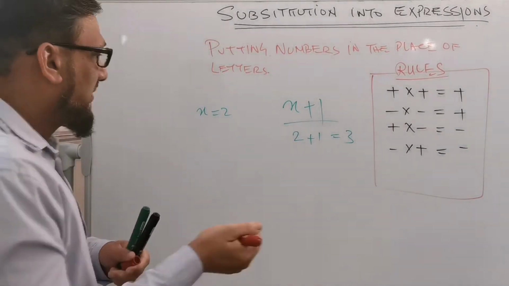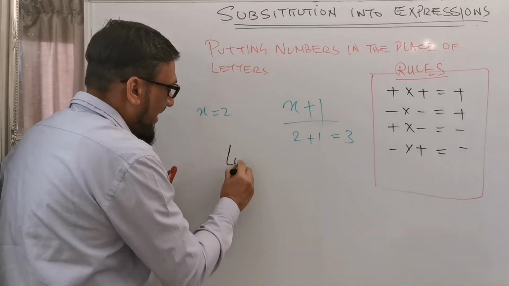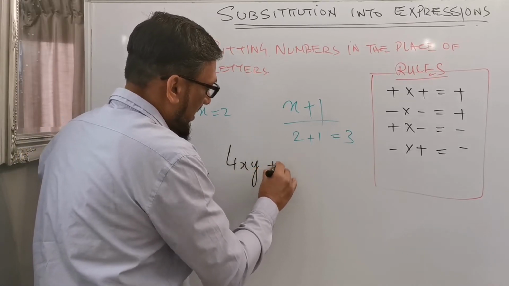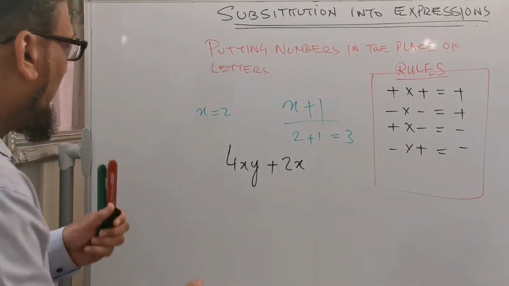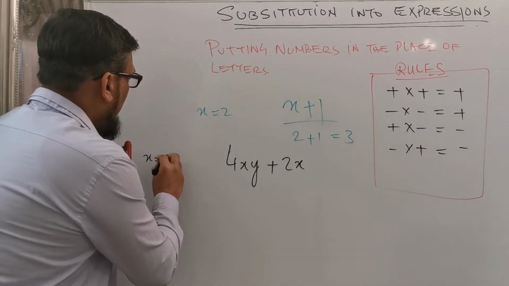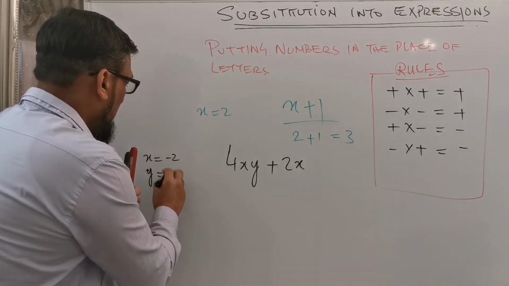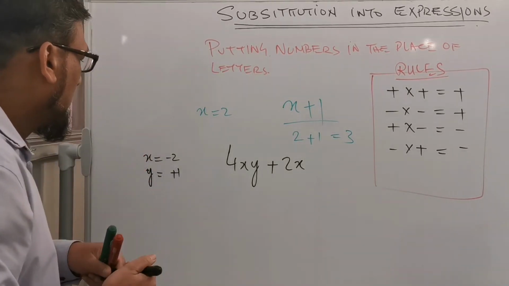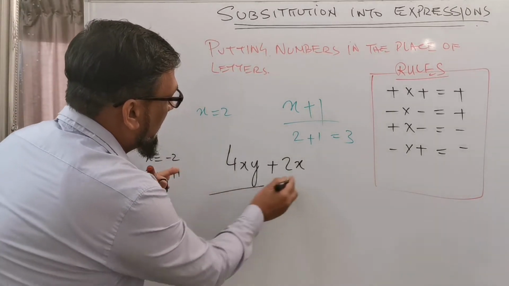For example, if I'm giving you the expression 4xy plus 2x, where x is equal to minus 2 and y is equal to plus 1, you need to substitute the values of x and y into this expression.